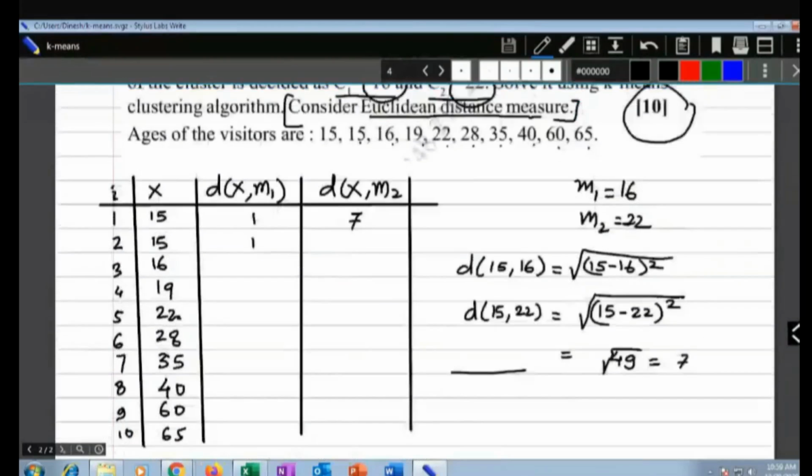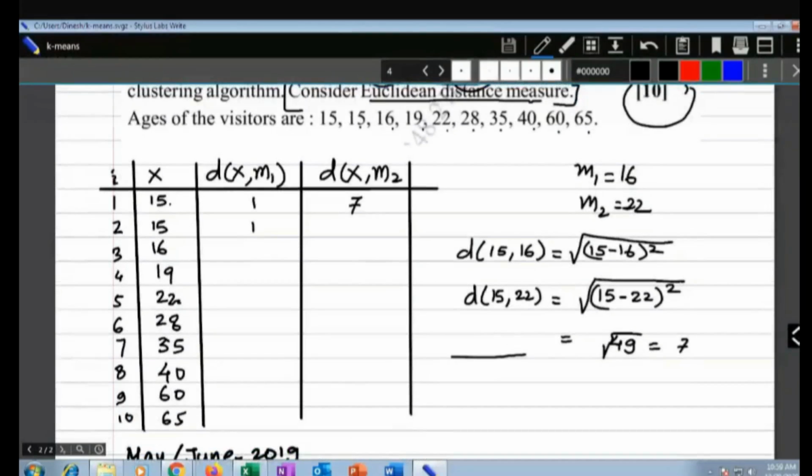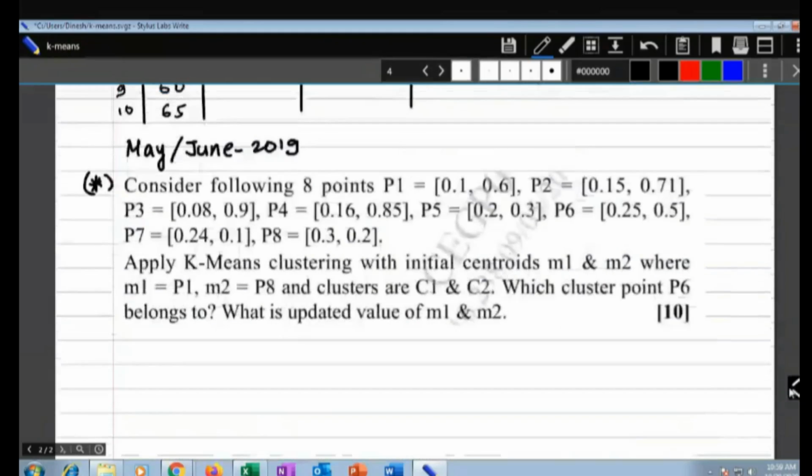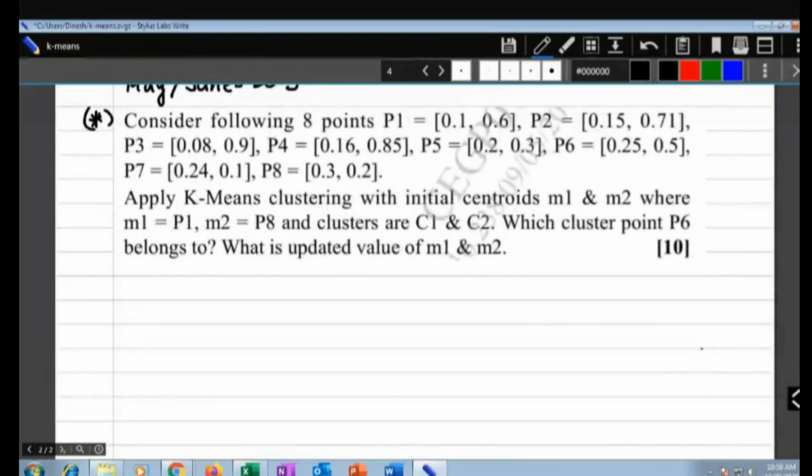Since here you have only one feature, the age, you have only one feature, but the things will become a little complex when you have two features. Now look at this: P1, P2, P3, P4, P5, P6, P7, and P8. 8 points are given, and each point has two features, or two attributes.